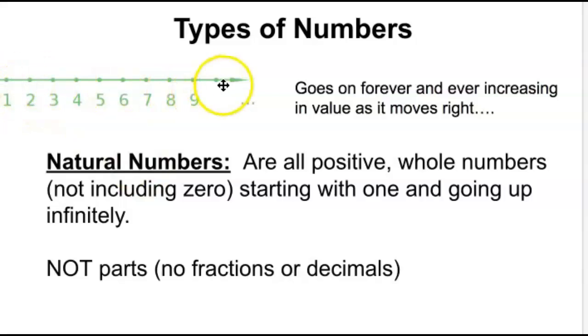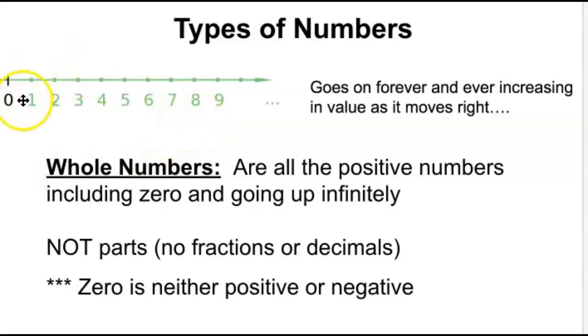So on a number line, that would be 1, 2, 3, 4, 5, 6, 7, 8, 9, and they go on forever. As you move to the right, they increase in value. When you first began counting, you did not know about fractions or decimals, so counting numbers do not include fractions or decimals.